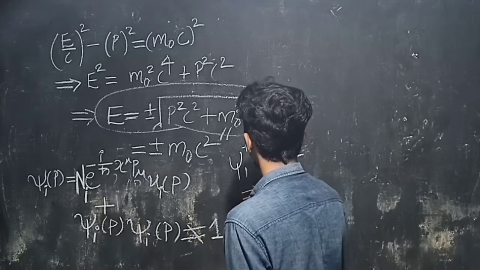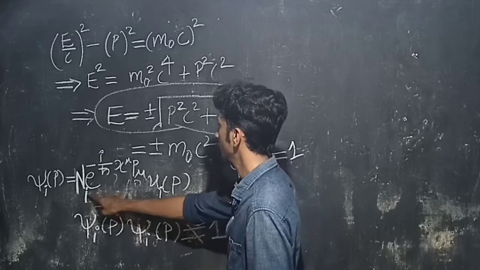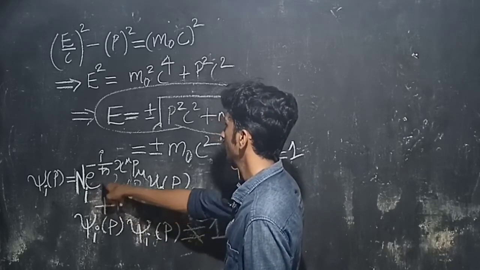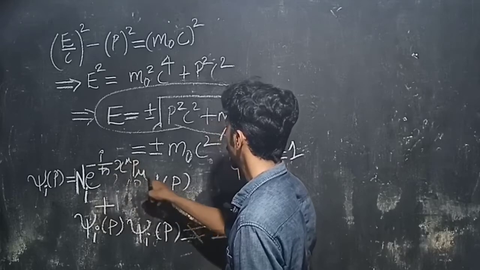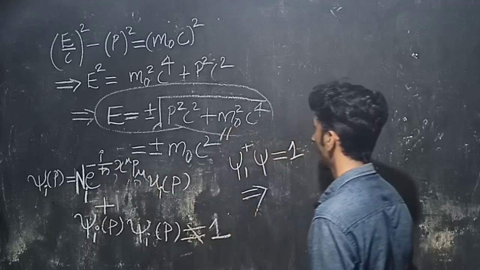This implies psi 1 dagger is N1 dagger, this exponential dagger times u1 dagger.